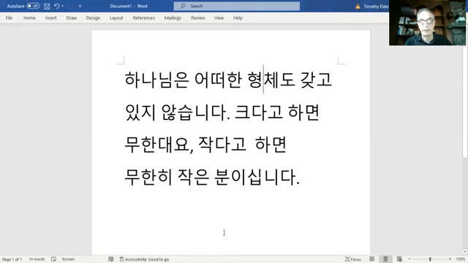So that's exciting, isn't it? Let's look at the combination vowel here. It says here that it's pronounced like a short E. So this is hyungche, all right?